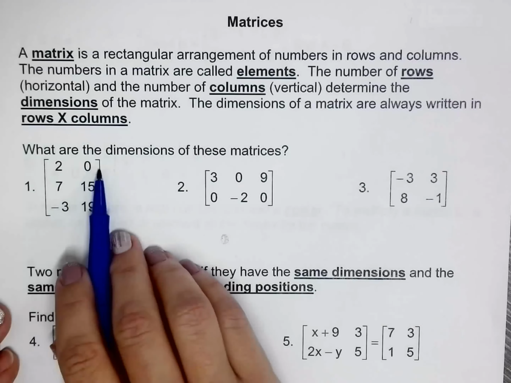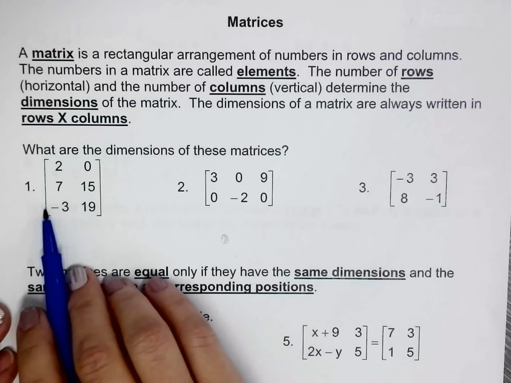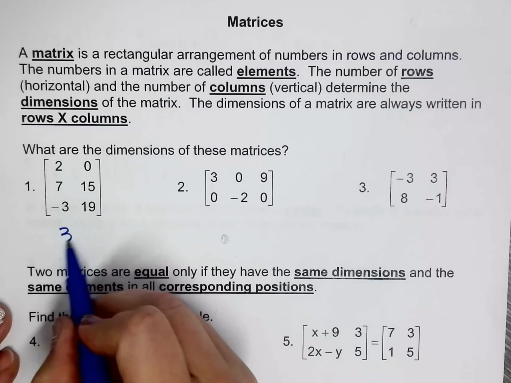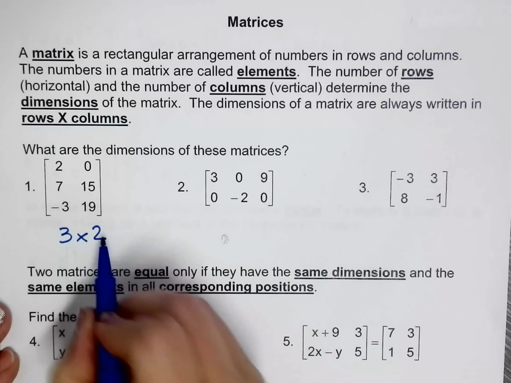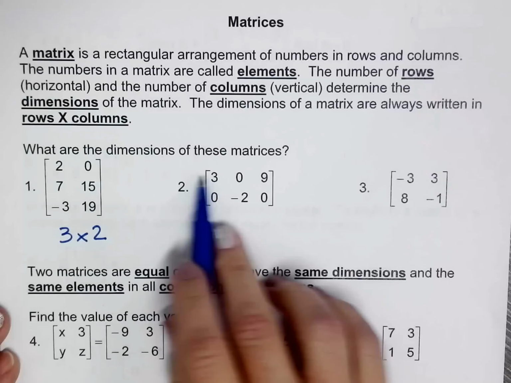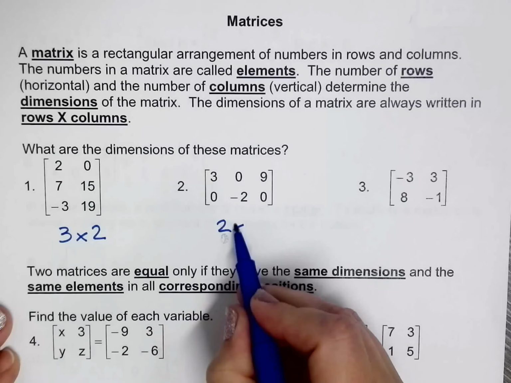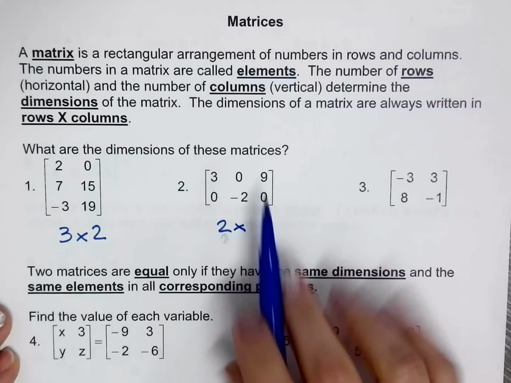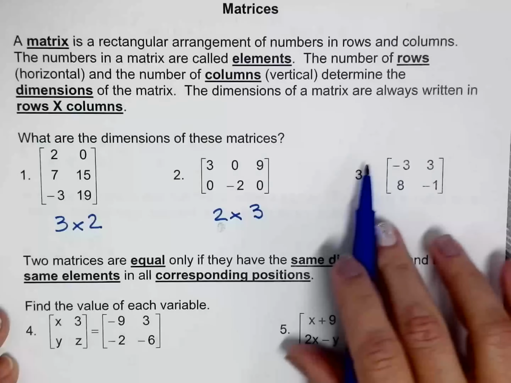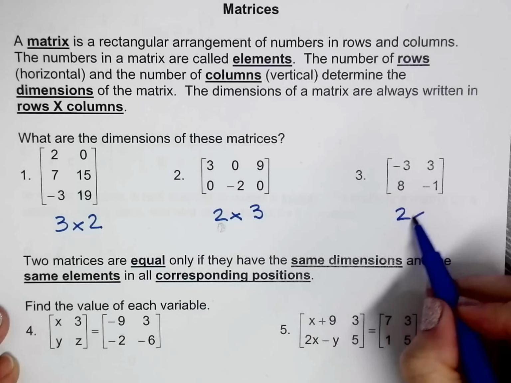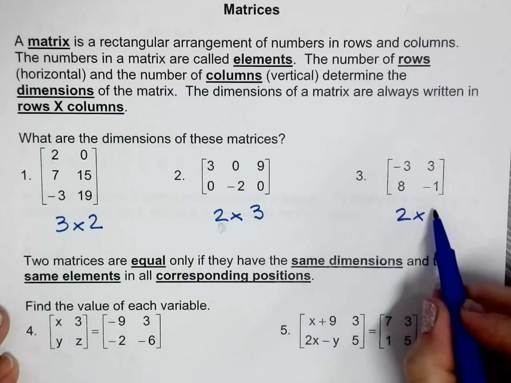We have 1, 2, 3 rows by how many columns? 1, 2. How about number 2? We have 2 rows by 1, 2, 3 columns. And example number 3, we have 2 rows and 2 columns.